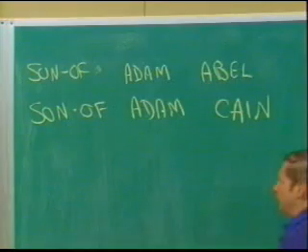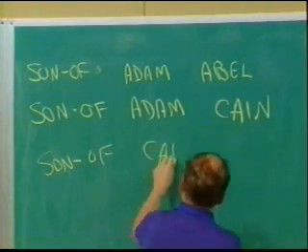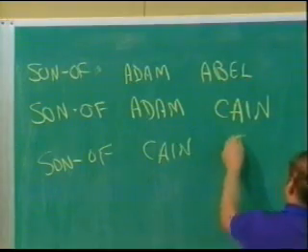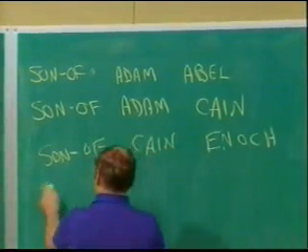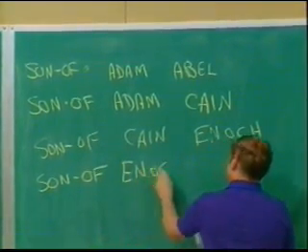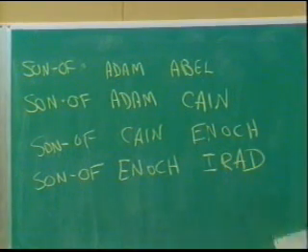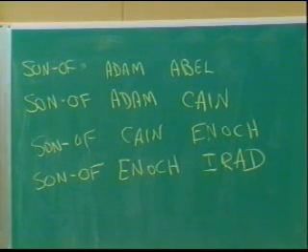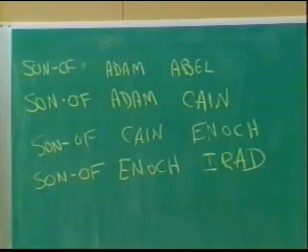And I might tell it that the son of Cain is Enoch. And I might tell it that the son of Enoch is Irad. And all through the rest of chapter whatever of Genesis, which ends up ending in Ada, by the way. And this shows the genealogy of Ada from Cain.